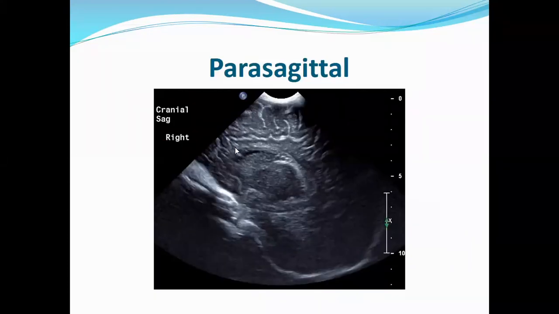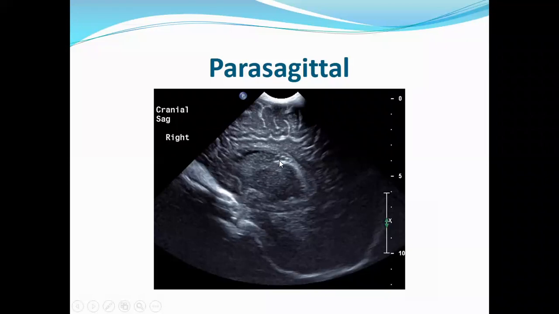In this one, you will see the thalamus. In between, this is where most bleeds happen. This is the caudothalamic groove, between the thalamus and the caudate nucleus. This white structure you are seeing there, this is the choroid plexus.